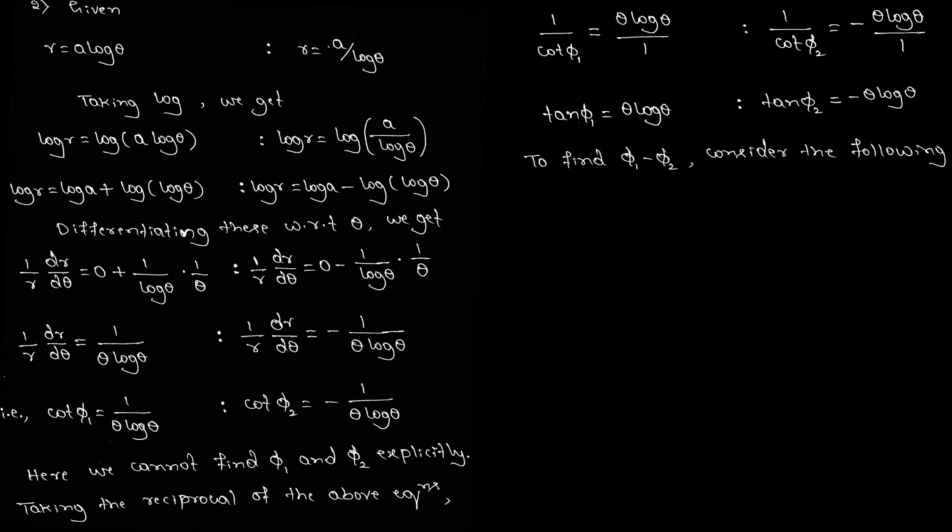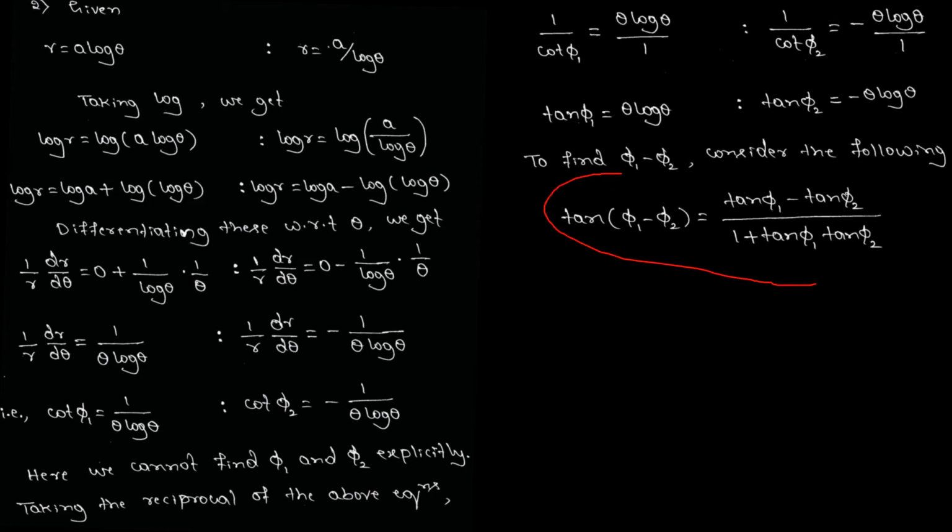To find phi 1 minus phi 2, consider the following. This formula we are going to use to find the difference phi 1 minus phi 2 all at once, because we cannot find phi 1 and phi 2 explicitly.